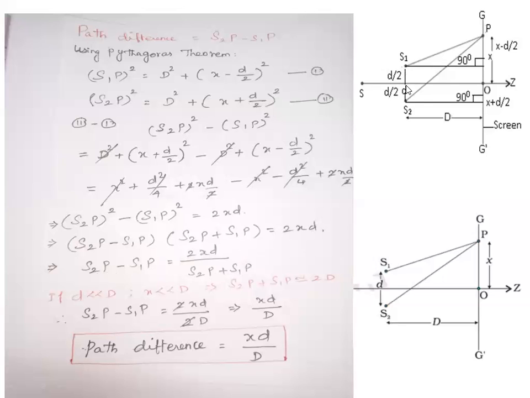Here you should understand that this d is very, very small. For example, you can do this experiment in your home itself. Take one candle and light it. In front of the candle, take a white paper with two small pinholes at a very small distance of around 2 millimeters.